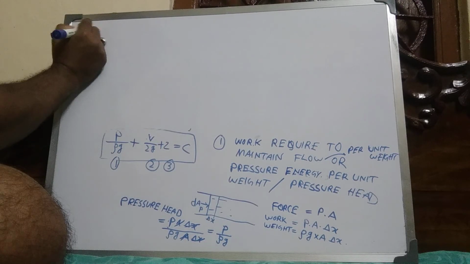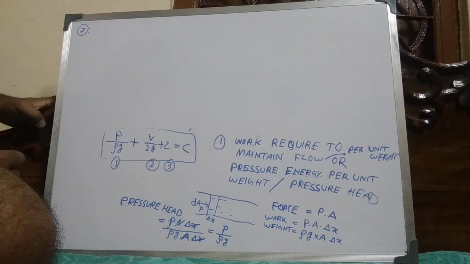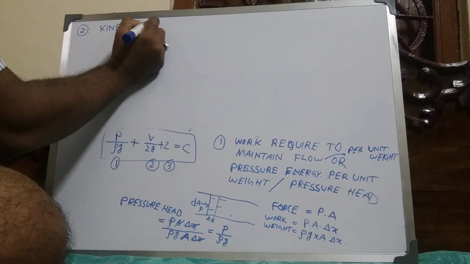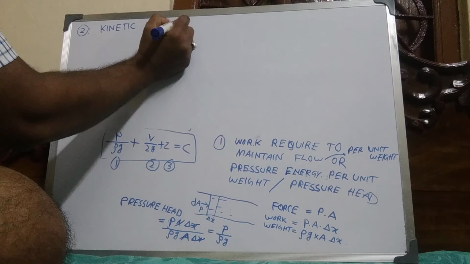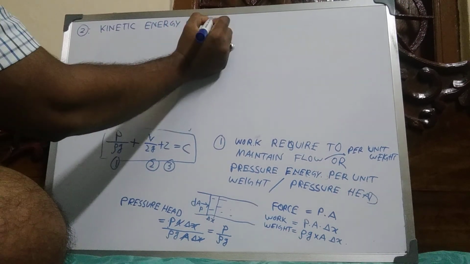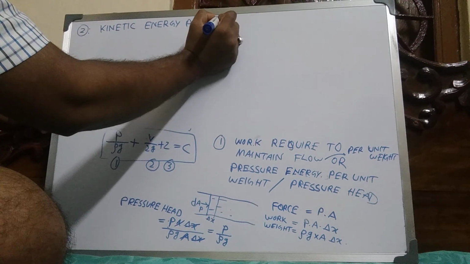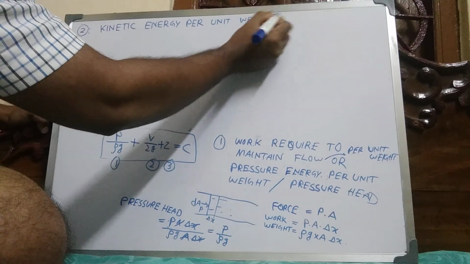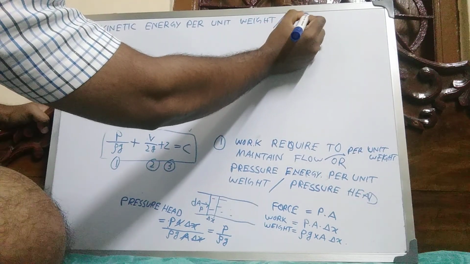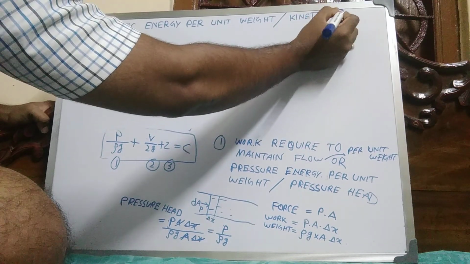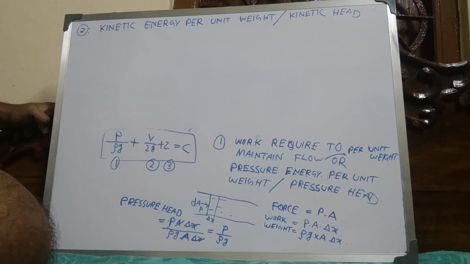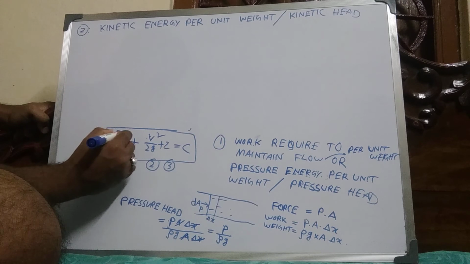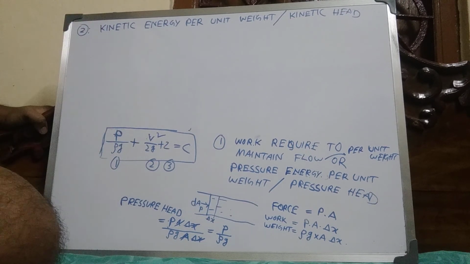Now number two is kinetic energy per unit weight, or kinetic head. Now we know this is V square per unit weight.